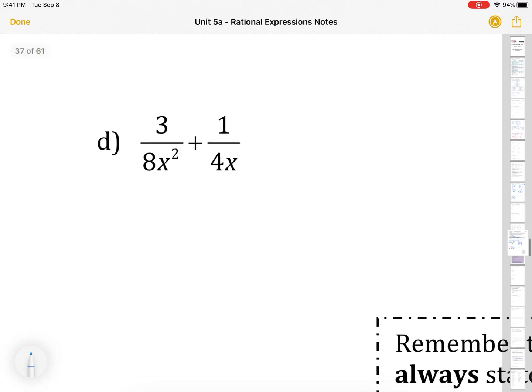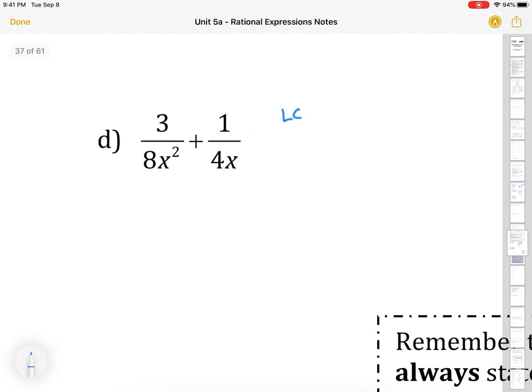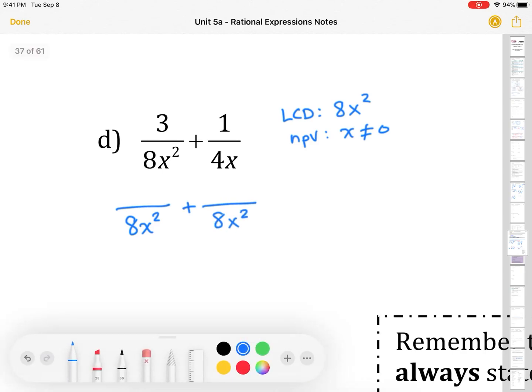Let's look over here for D, my lowest common denominator. Well, 4 goes into 8, so 8 will work. x goes into x squared, so x squared will work. So the first fraction isn't going to change. Now looking at this for NPVs, x cannot equal 0. So 8x squared plus 8x squared.